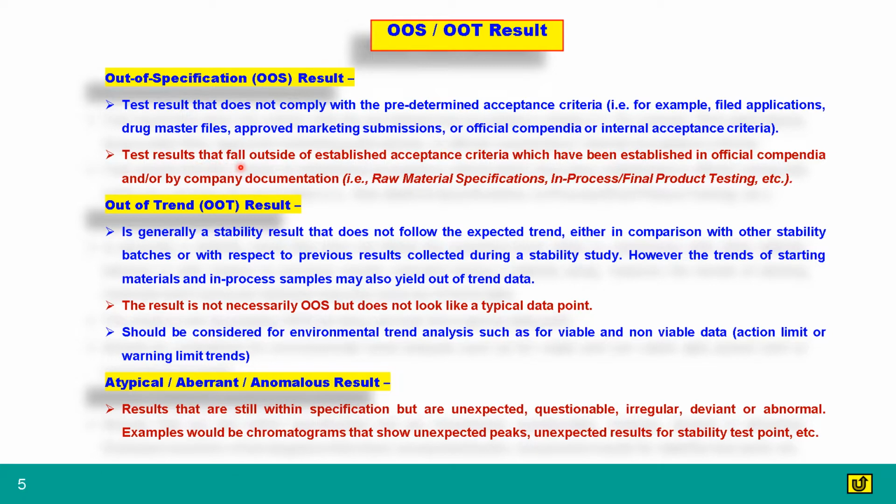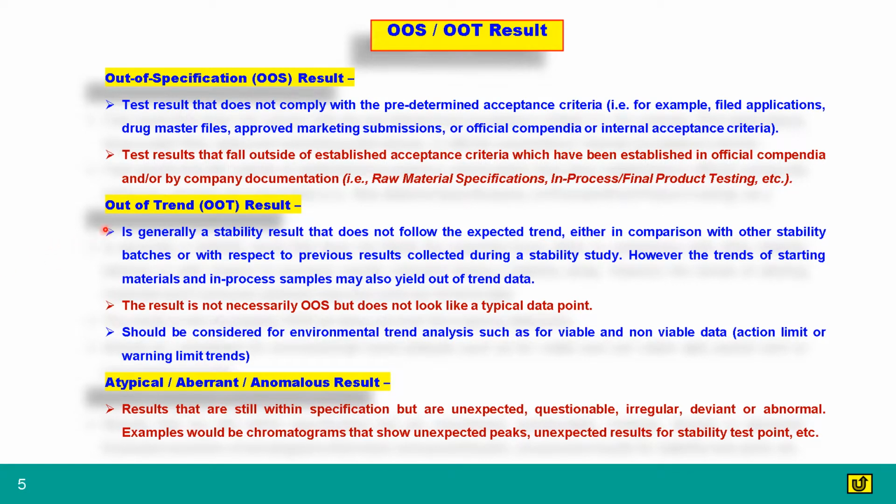Test results that fall outside of established acceptance criteria, which have been established in official compendia and/or by company documentation, i.e. raw material specifications, in-process and final product testing, etc.